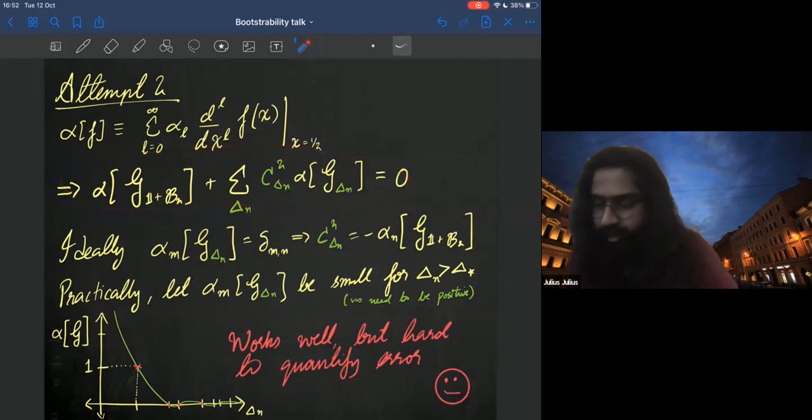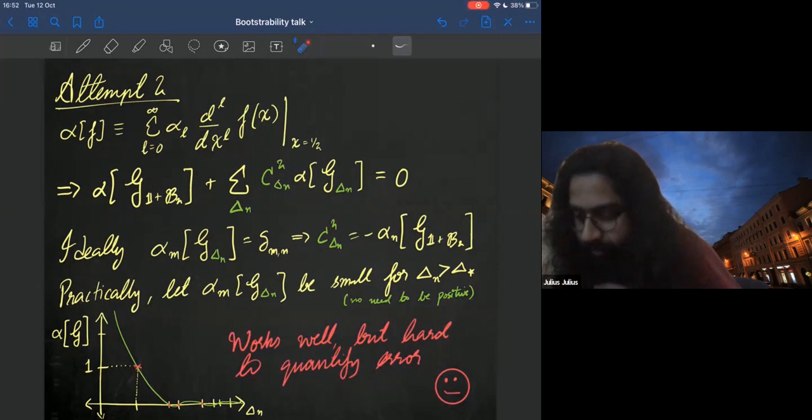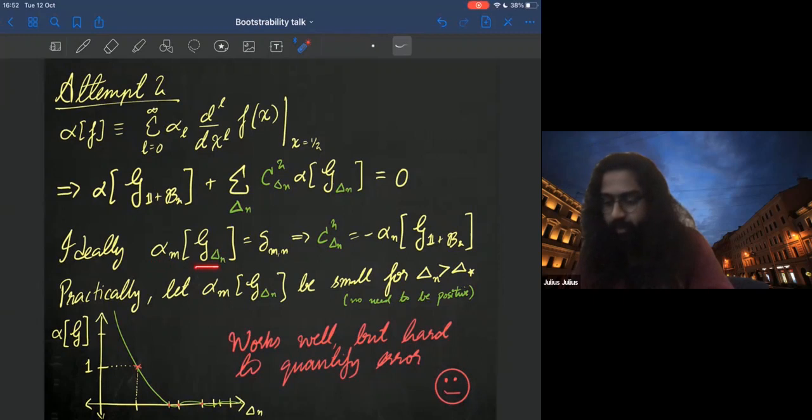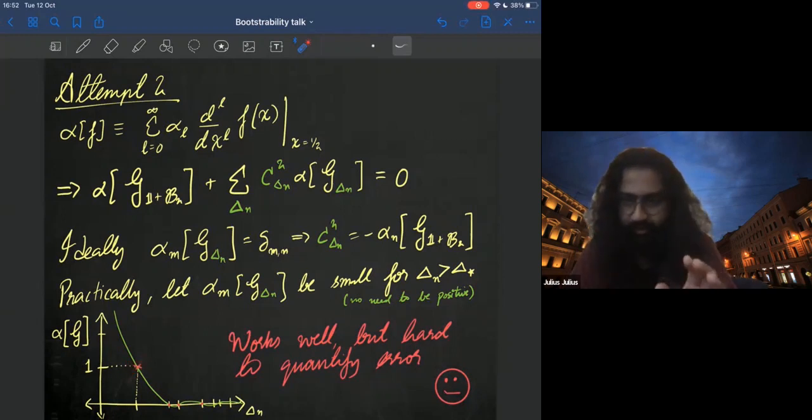Ideally, what I want is for the mth functional to act on the conformal block corresponding to the nth state to give delta mn. So what this means basically is that I want my functional to give me 1 at the state whose OPE coefficient I'm interested in and 0 at all other states, okay?